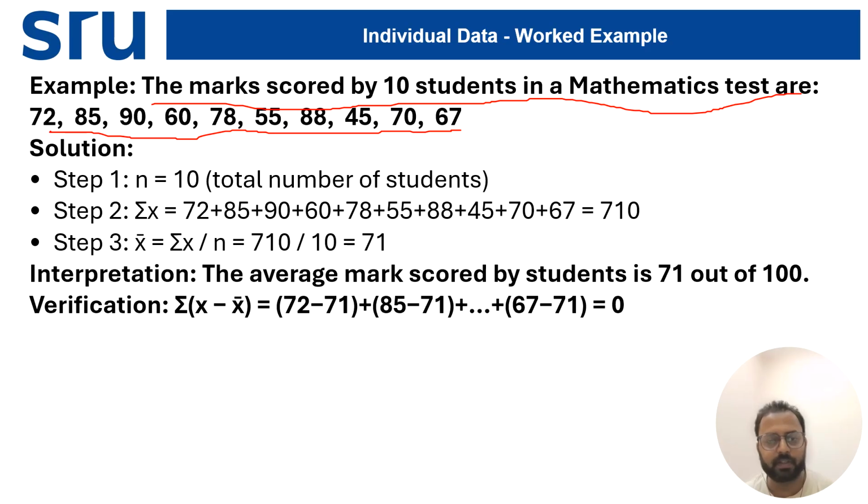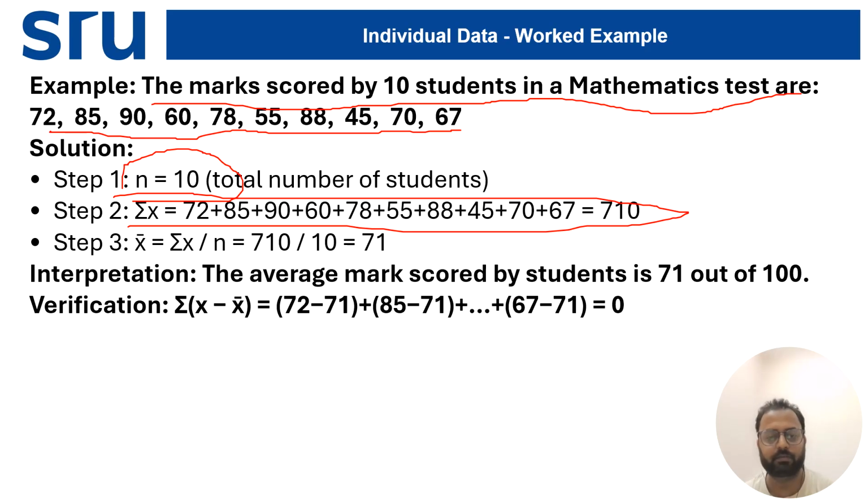How many observations are given? Total 10 observations are given. First we add all observations. The sum of all observations is 710, divided by number of observations, so 710 divided by 10, which is 71. So mean of marks is 71.